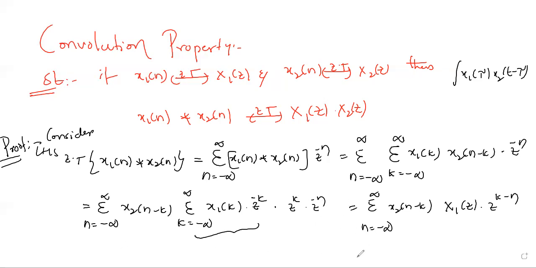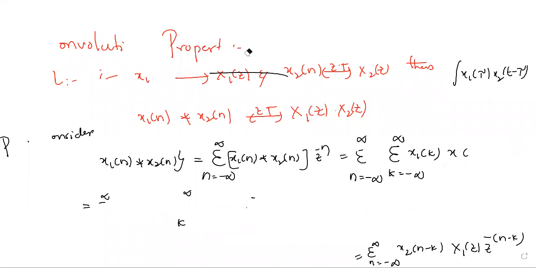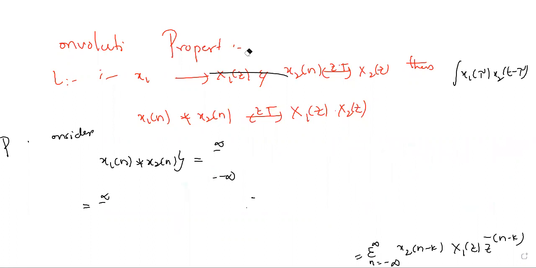So now we can write this as summation n equal to minus infinity to infinity x2 of n minus k into X1 of Z, we can write it outside actually, Z power minus of n minus k. Almost we have done with the proof.